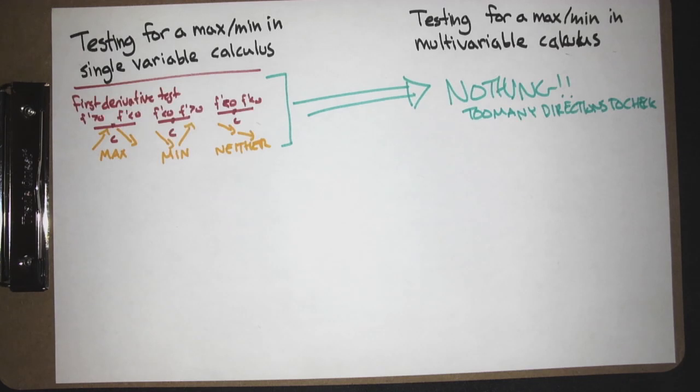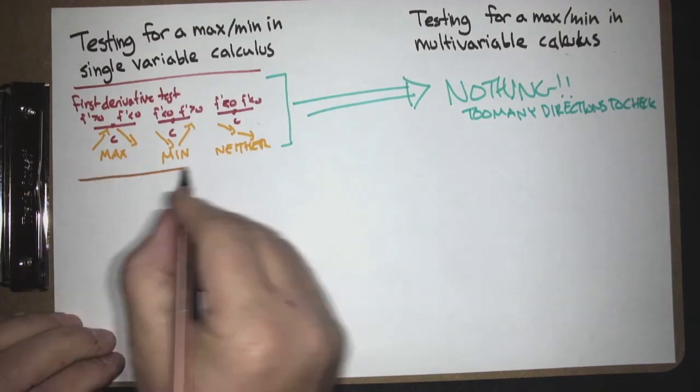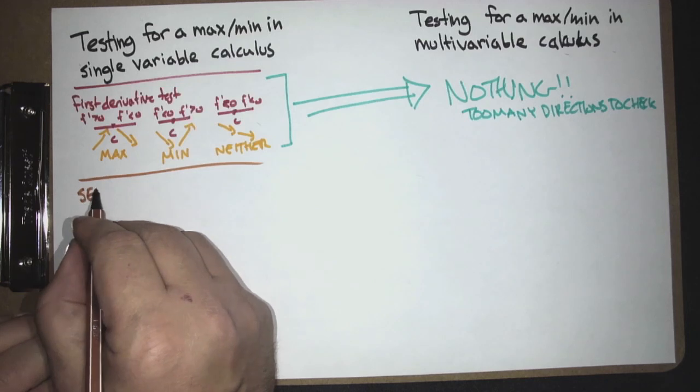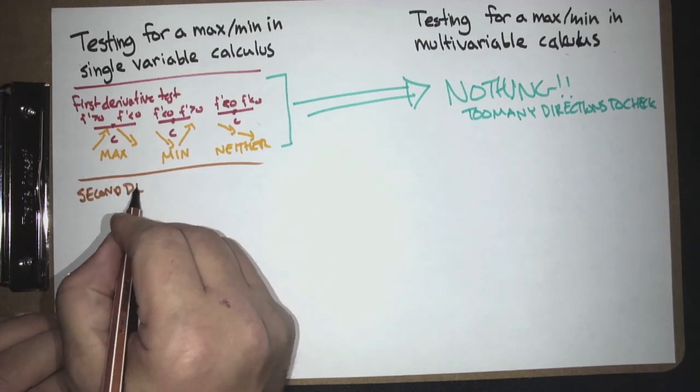Okay, well that, was there another test that we learned in single variable calculus? Was there maybe a second test that we learned? Yes. Yes, there was a beautiful test called the second derivative test. Okay, good. Second derivative test.